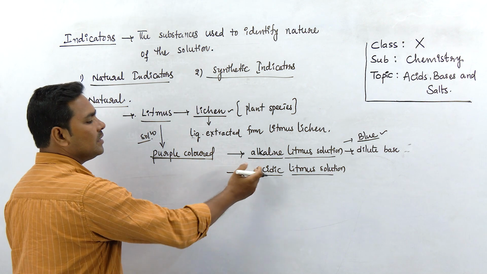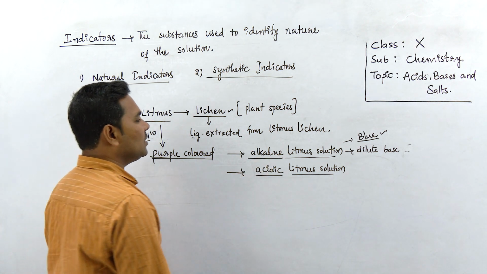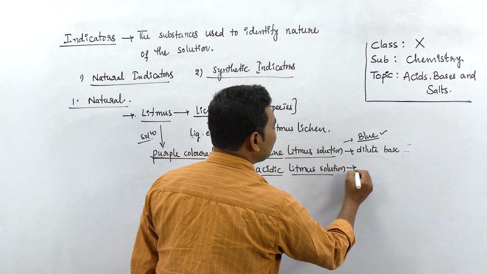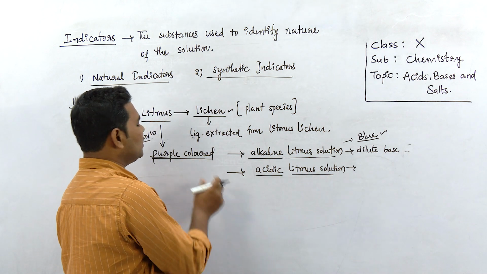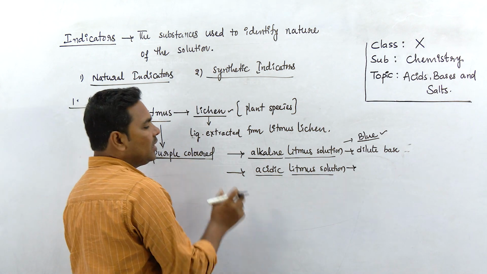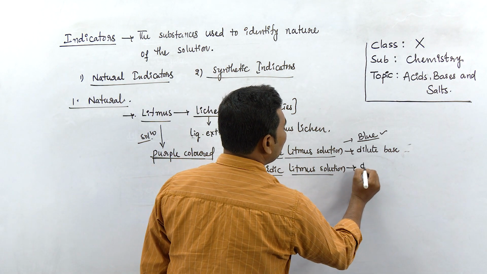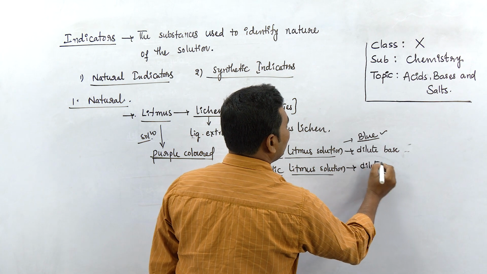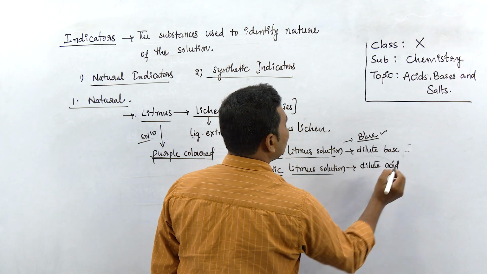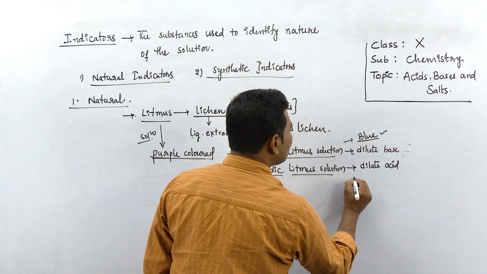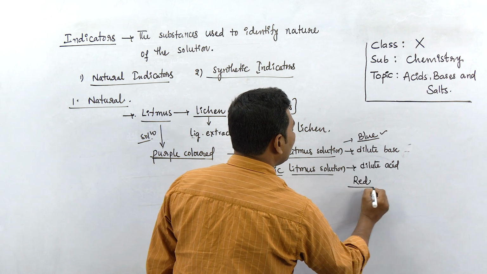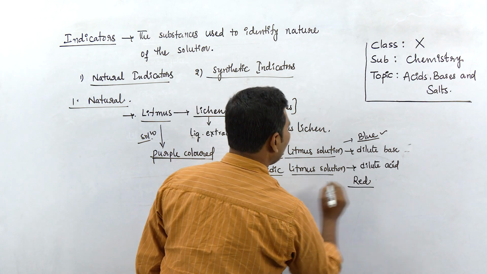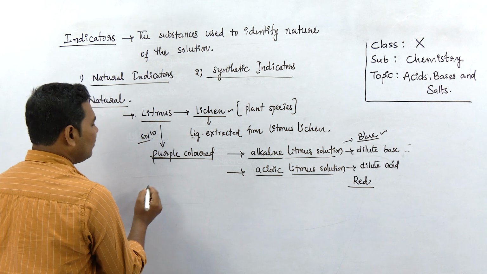Whereas the second type is acidic litmus solution. From the purple colored litmus we can make acidic litmus solution: to the original purple colored litmus solution, dilute acid is added, and this litmus with dilute acid is in red color. So now we have two different litmus.